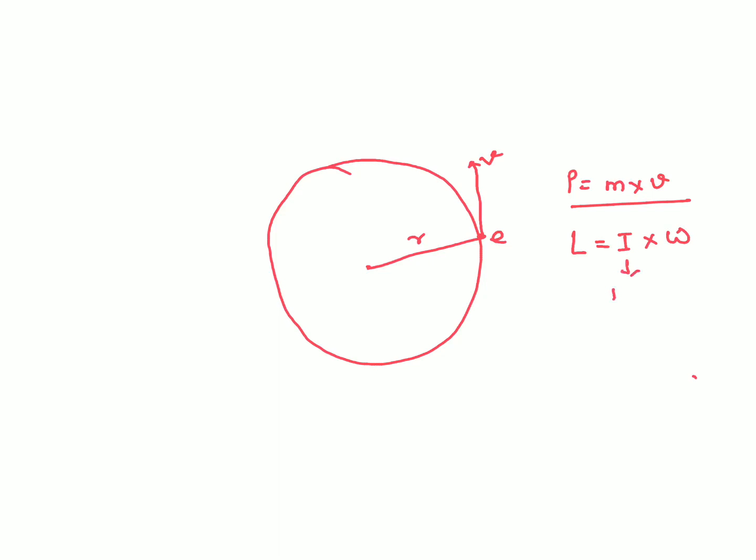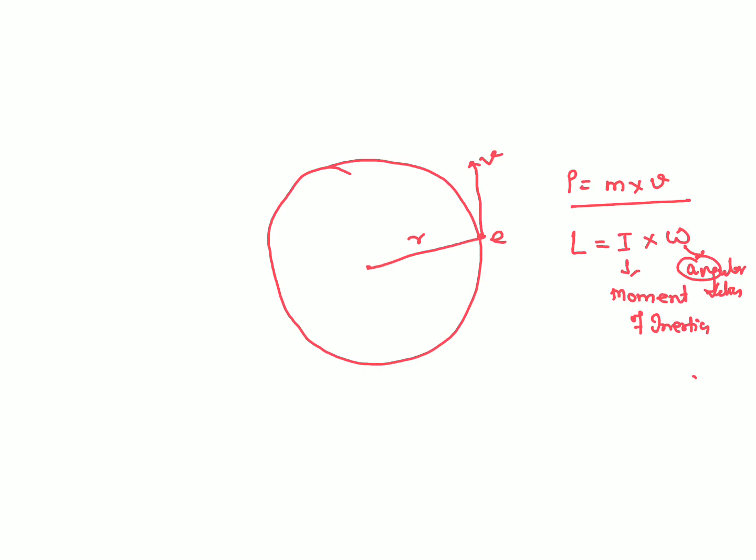Now this I is called moment of inertia, and it is equivalent to the mass, and omega is called angular velocity. An object moving in linear path has linear momentum, and an object revolving on circular path has angular momentum.